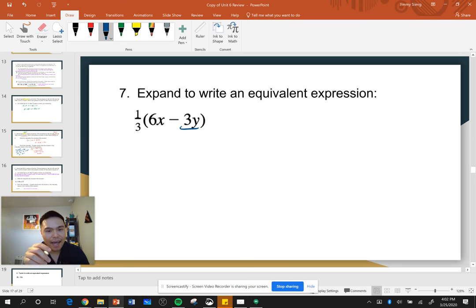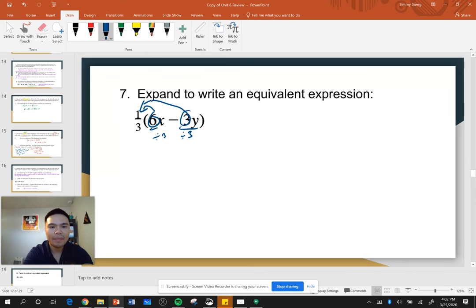3 goes into 6 how many times? It goes into 6 2 times, right? So I can take out a 3 by dividing by 3. And I'm taking out a 3, right? So what's left is 1 over 3 times the 3 I'm taking out.